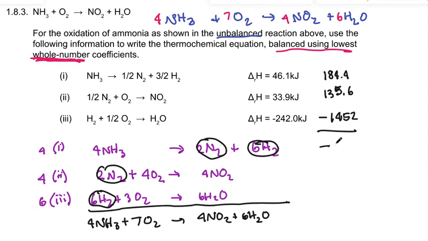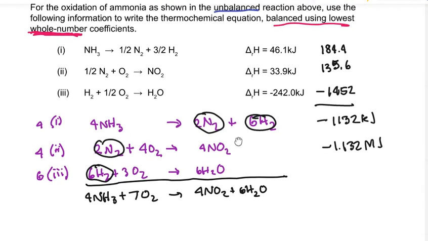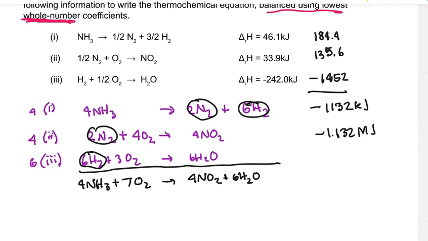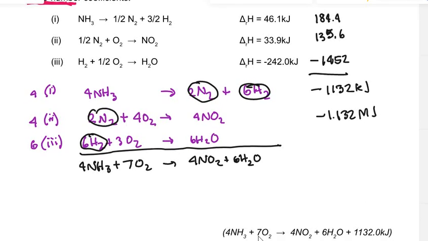And from that I got minus 1,132 kilojoules. Or, because that's over 1,000, you could say it 1.132 megajoules if you like changing units. Those are both valid answers. And whoever did the key agrees with me. That's a nice feeling.